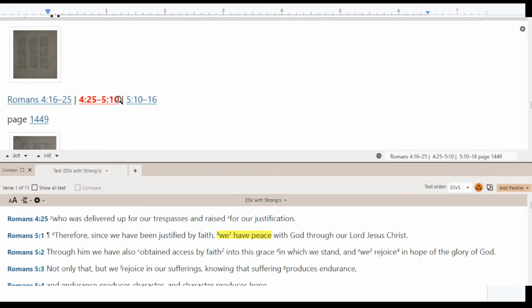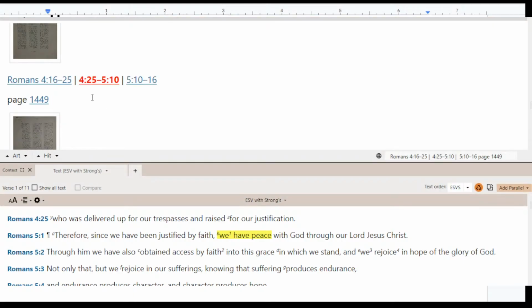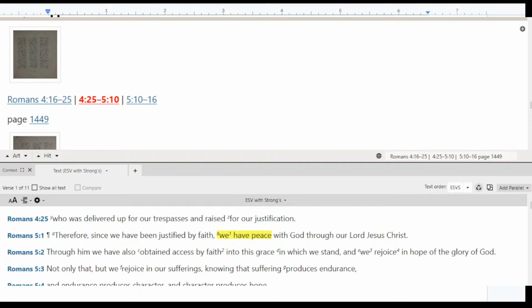What happened? I click on this. Why is it not popping up? Sorry, bear with me here. That's interesting. All right, I guess I have to do this. There we go. Okay, we're in the middle column, and I'm going to zoom in for you.